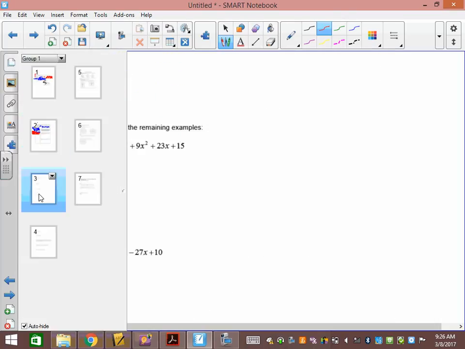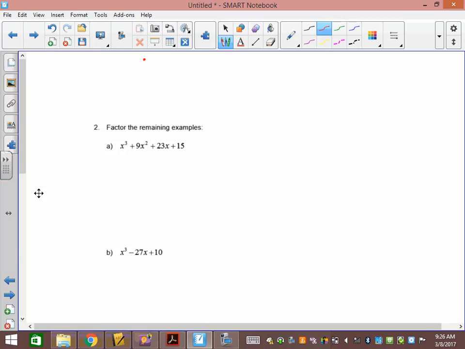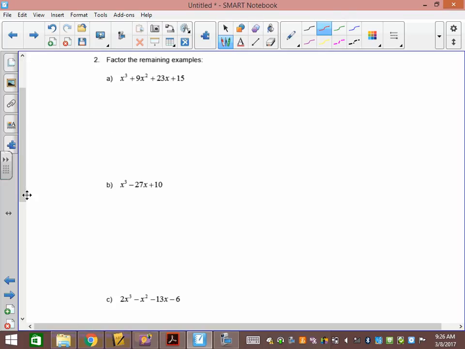Now, why won't we just plug it into our calculator? Because some of them will be a fraction. Some of them won't factor fully. So if you got to that point where it was x squared minus x minus 2 or whatever it was, and you couldn't factor it, say it was x squared plus 3x plus 7, there's no way you can factor that, then you would just write that factor and the original factor.